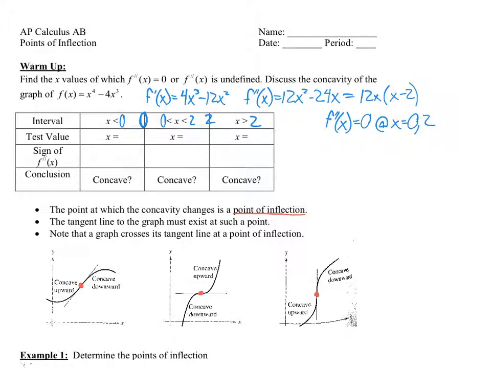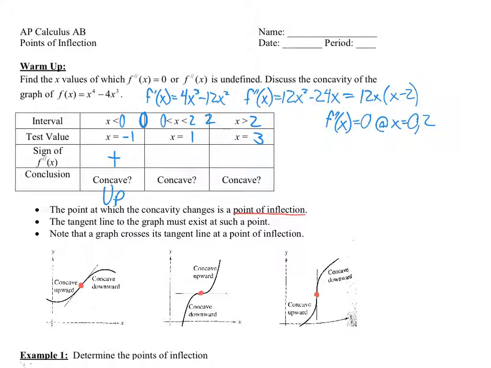Let's say we use negative 1, 1, and 3. If I plug in negative 1, I have negative 12 times negative 3. That turns out to be positive, which means I'm concave up.